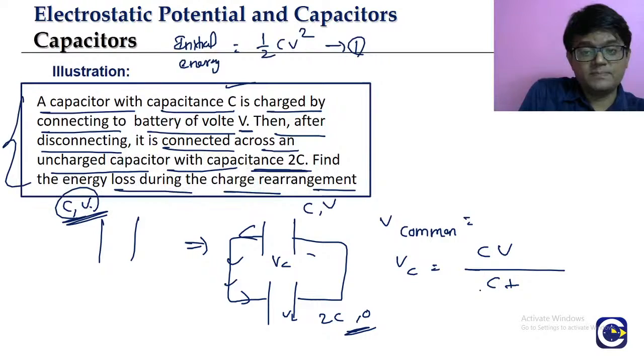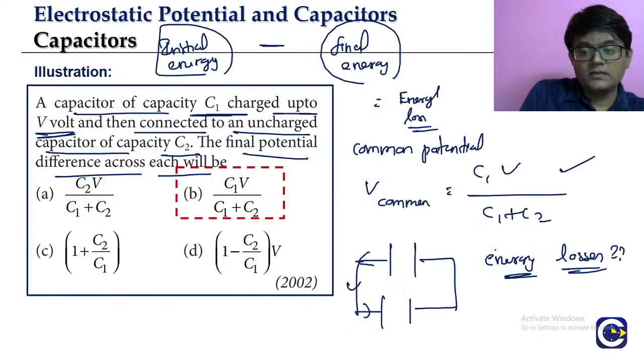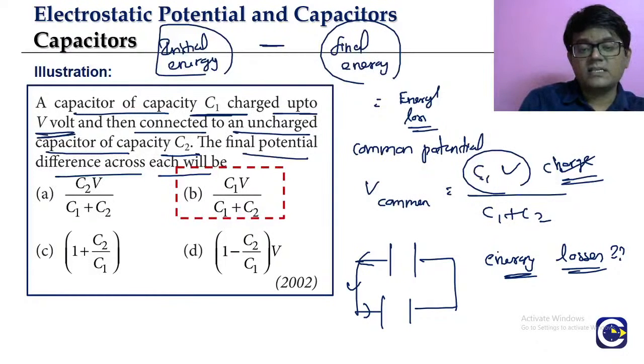So I am going by the previous formula. We derived the formula. What is it? The first capacitor capacitance value into its potential difference. This is nothing but the charge on that first capacitor, because initially the charge is only on that, so that is the total charge actually.